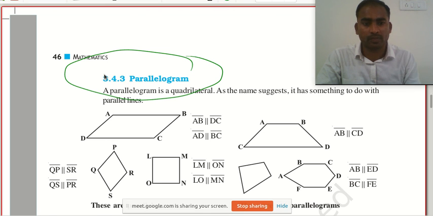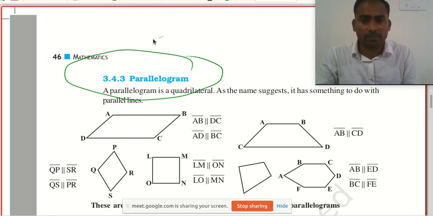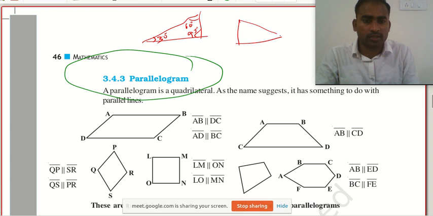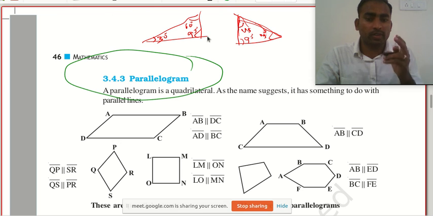One set square has 90 degrees, 30 degrees and 60 degrees. And another set square has 90 degrees, 45 degrees and here also 45 degrees. This is another set square. So we have two set squares.